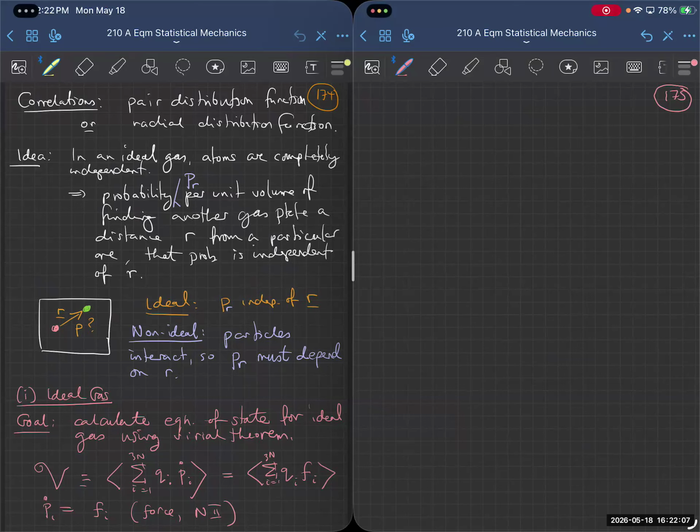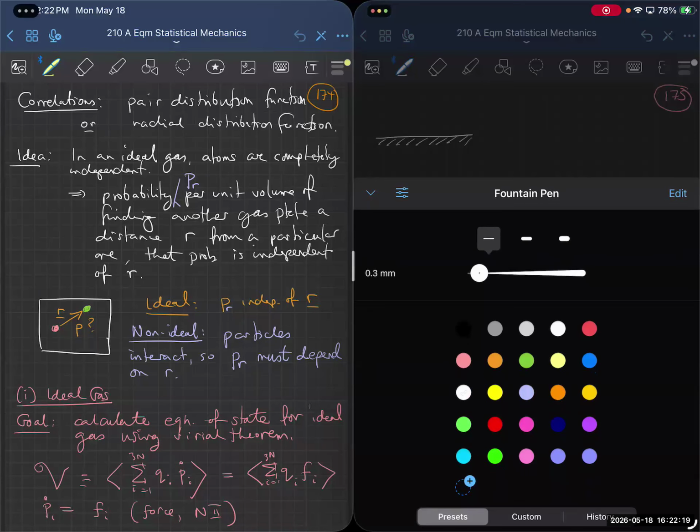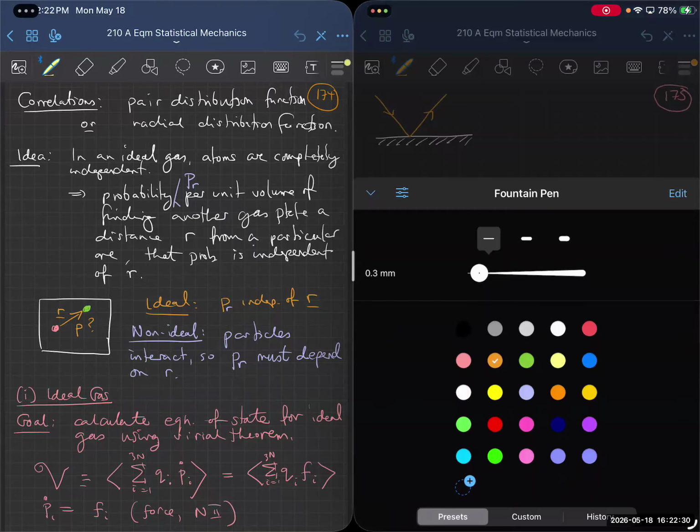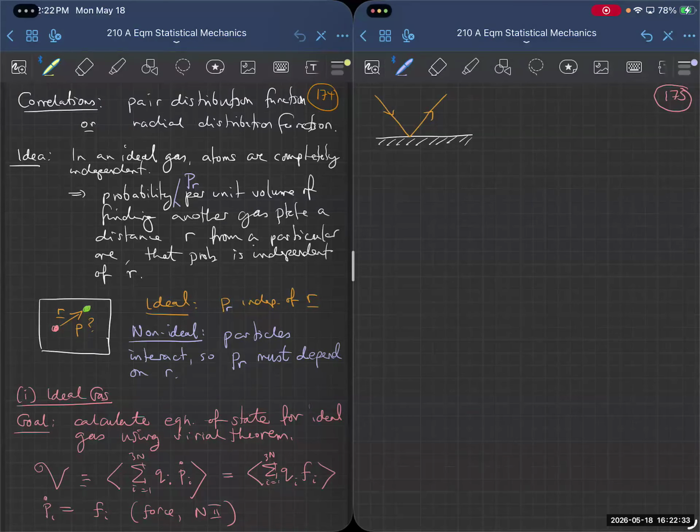All right, so now let's draw a picture to see what forces we are interested in. Here is the wall of the container, and I have my particle coming in like that, transferring some momentum to the wall, and that momentum will be a force in this direction.